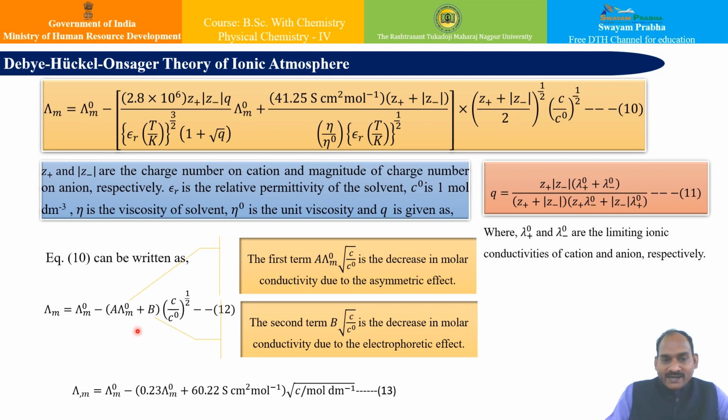Okay, and this second term shown over here, B into this particular quantity, is the decrease in molar conductivity due to the electrophoretic effect.